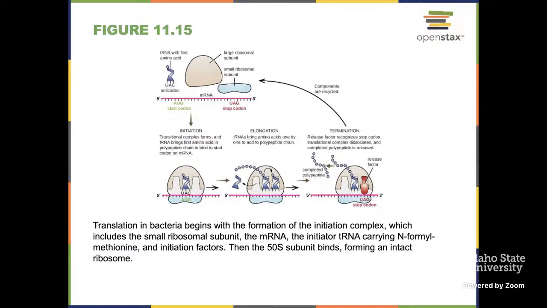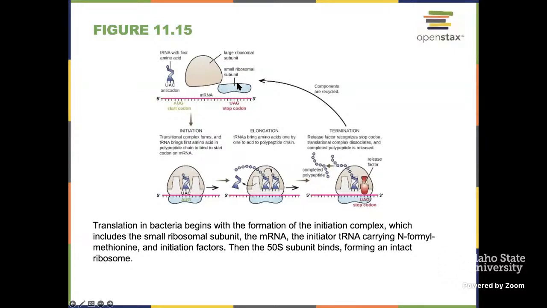And when it comes to prokaryotes, it's still methionine, but it's modified slightly from the regular methionine that we think about in eukaryotes. It's N-formyl methionine. It's got an extra group attached to that, so it makes it slightly different, but it's ultimately the same idea. So the tRNA makes contact.